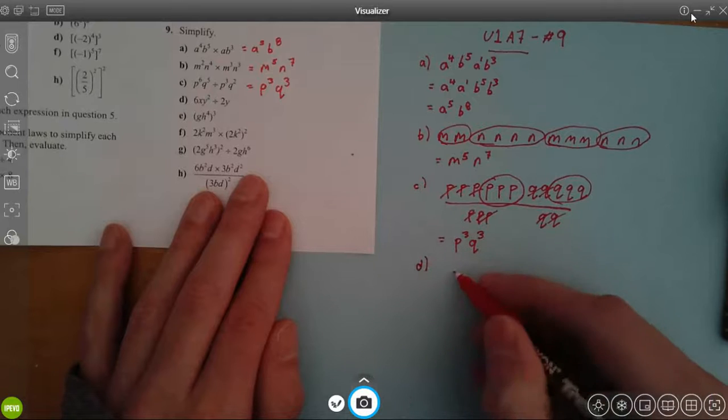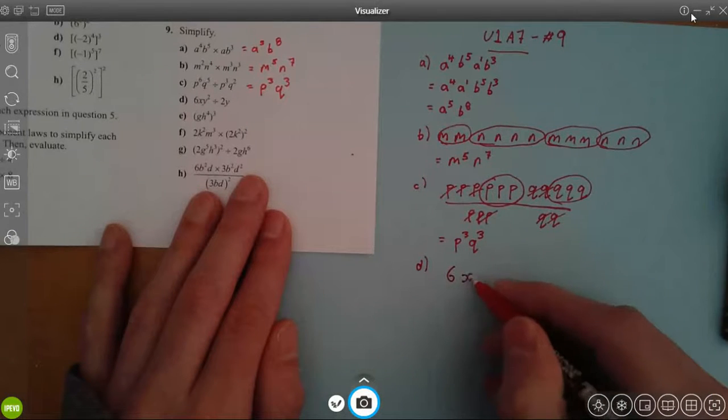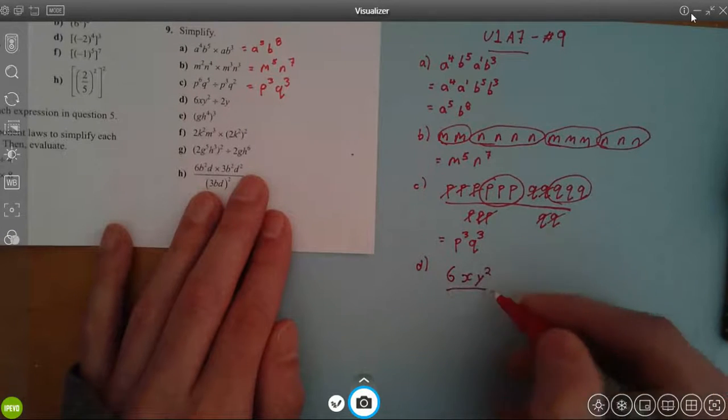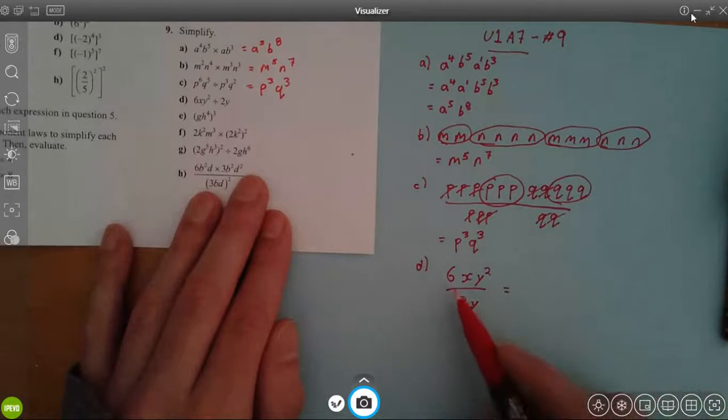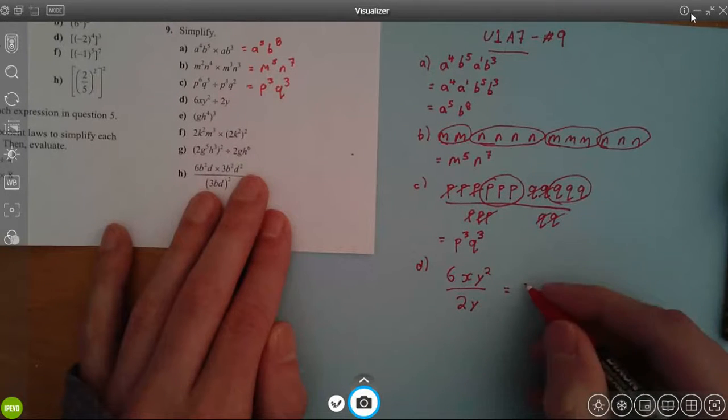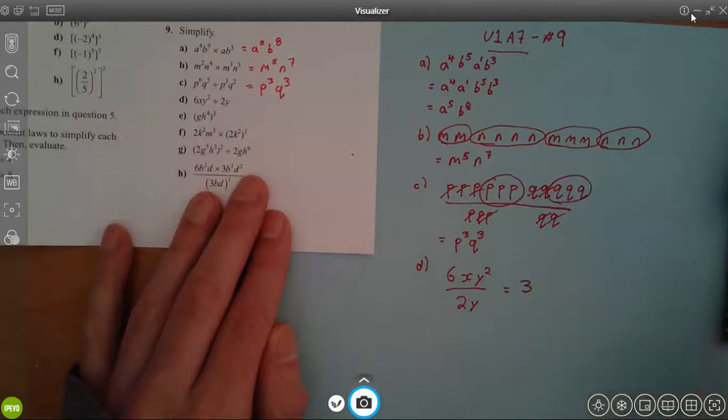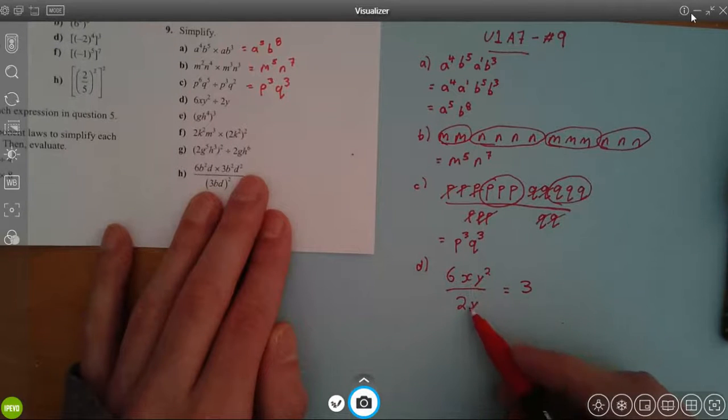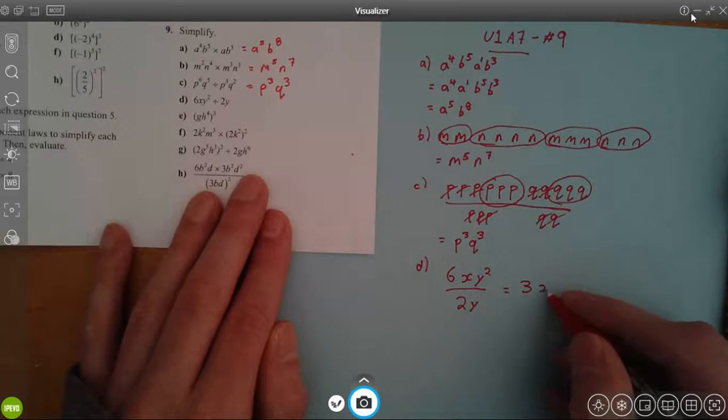Let's take a look at d. Again, I'm going to set this up as a fraction. And we're going to do the coefficients first, then the x's, then the y's. 6 divided by 2 is 3. So we're just using our normal division of numbers for coefficients. X, and there's nothing on the bottom, so x divided by 1 is still x.